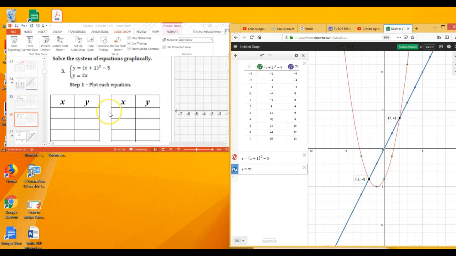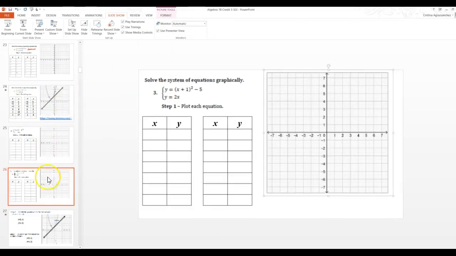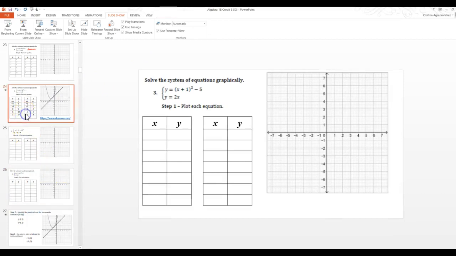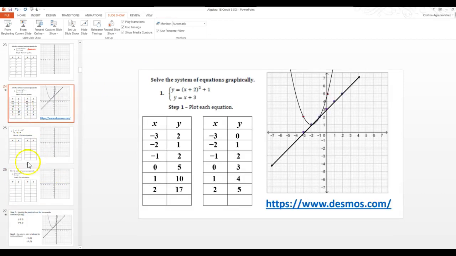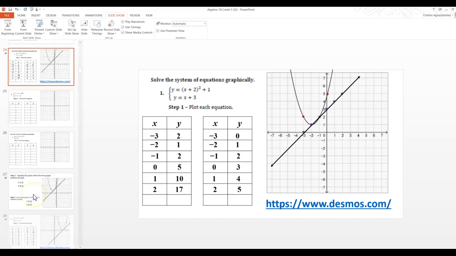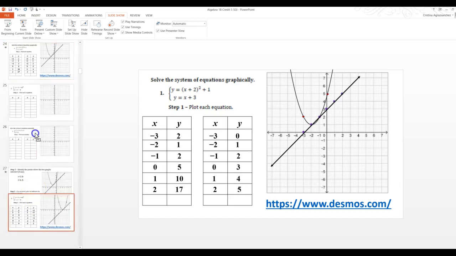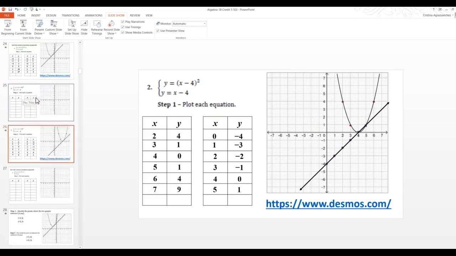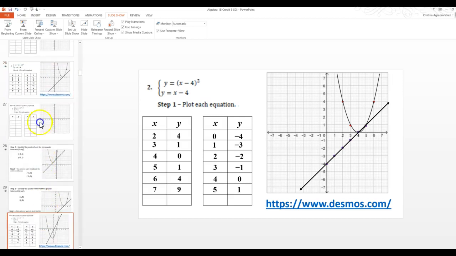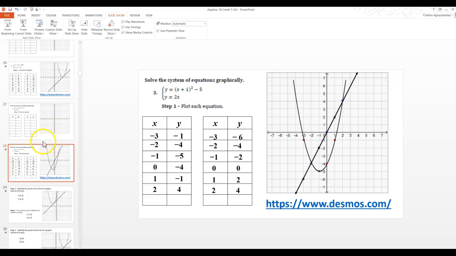All right, on the final part of our lesson, we will be going over how to solve equations. So we did this first one, we did this second one, and we also did this third one. So we did 3 problems.